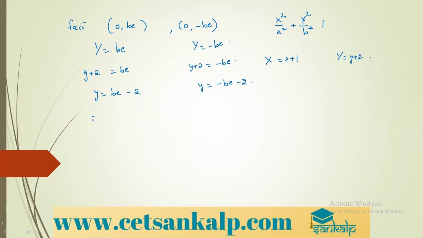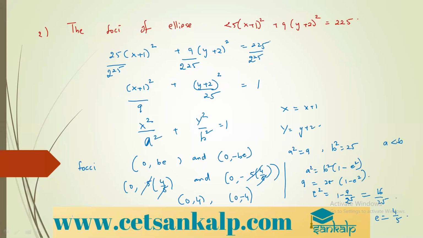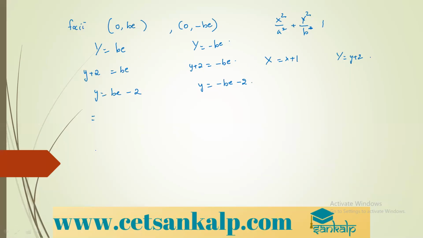So what is B? In the previous page, what is B and what is E? B is 5, E is 4 by 5. So B is 5, E is 4 by 5 minus 2. So here I will have 2 and here after cancelling I have minus 6.